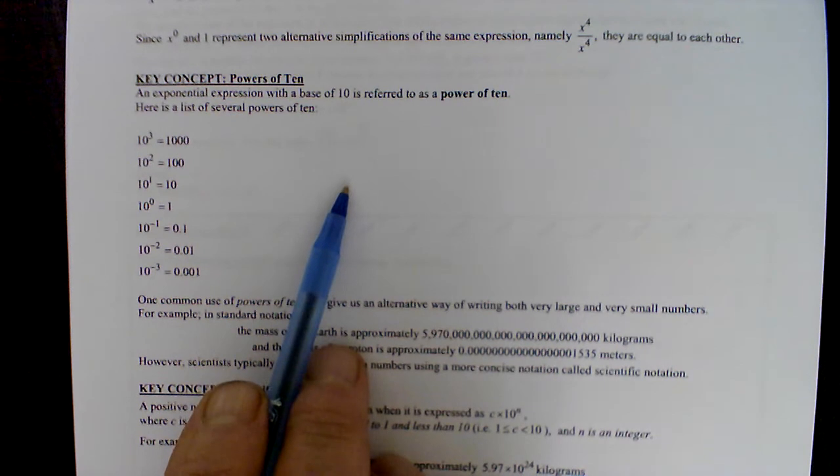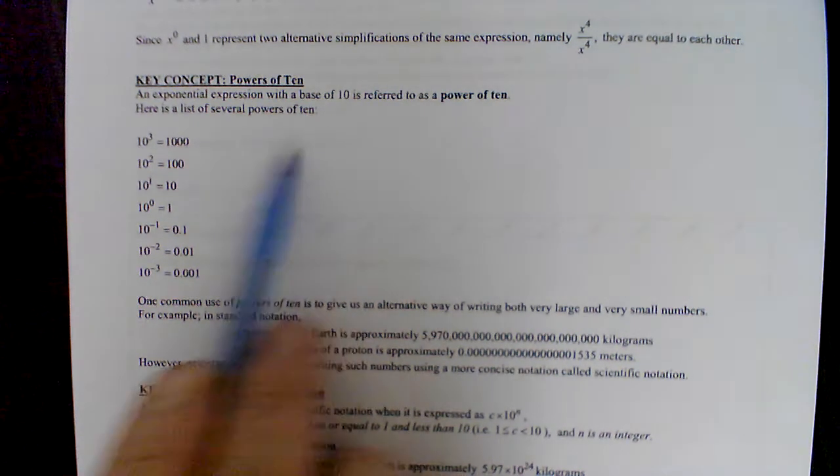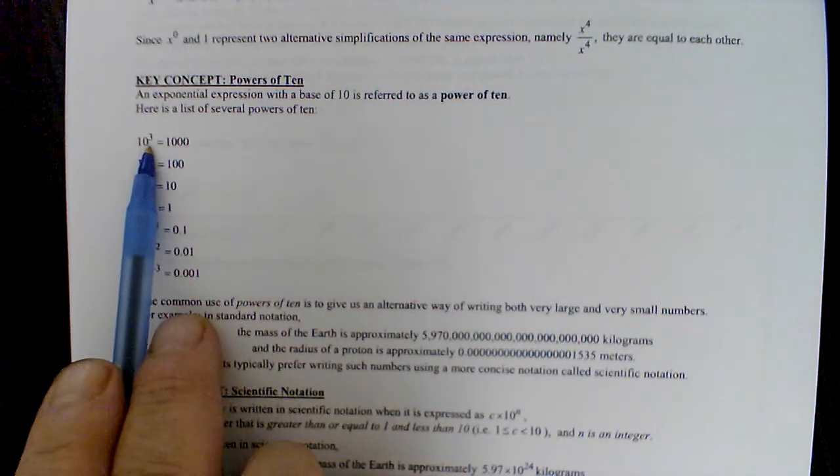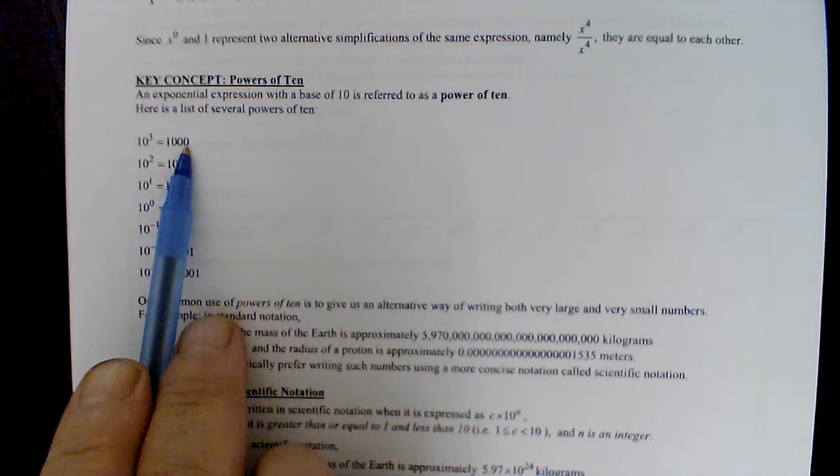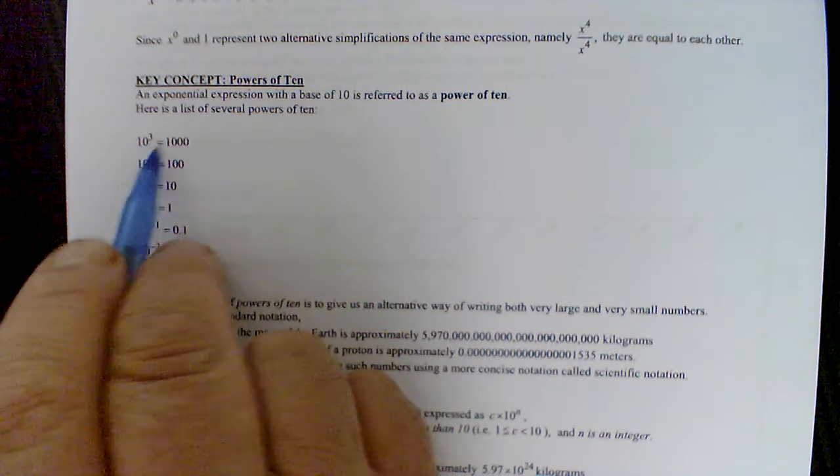And when we're dealing with powers of 10, the exponent tells us how many zeros there are in the expansion. For example, 10 cubed, or 10 to the 3rd, really means 10 times 10 times 10, which is 1,000.